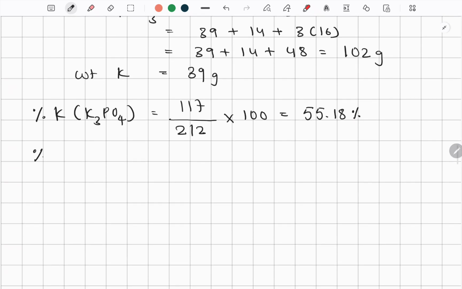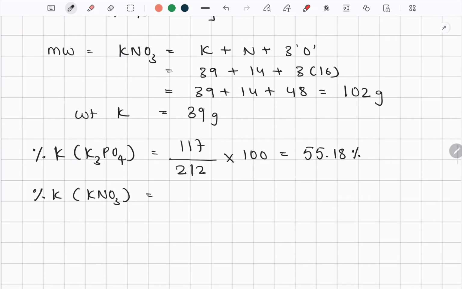Now let's calculate the percentage of potassium in potassium nitrate. Overall, the potassium present is 39 gram in 102 gram of potassium nitrate. When you multiply by 100, you get 38.61%.